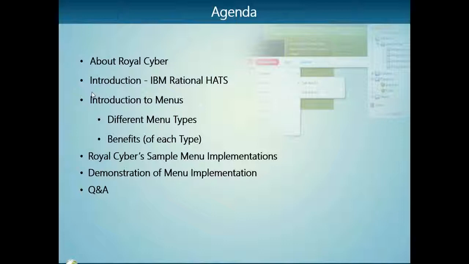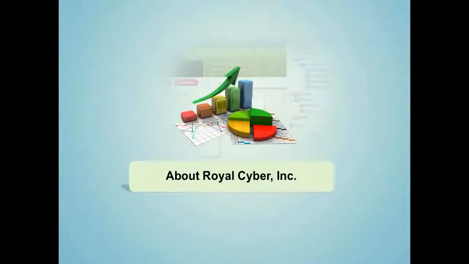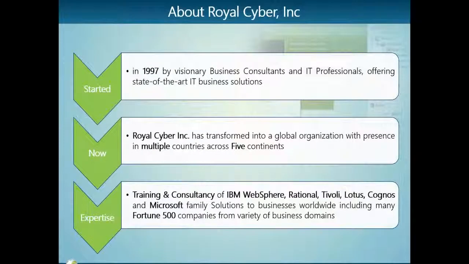Royal Cyber is a modernized e-business solution provider. We are an IBM Premier Business Partner, IBM Authorized Trainer, and Microsoft Certified Gold Partner, and we have presence in many countries across the globe. Since the company's inception in 1997, our experts have been leaders in providing training and consultancy of IBM Rational, WebSphere, Tivoli, Lotus, Cognos, and Microsoft Family Solutions to businesses worldwide, including many Fortune 500 companies.